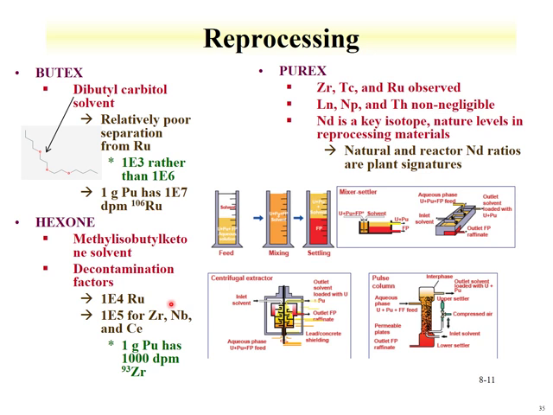Again, ruthenium can be a signature here, and also zirconium, niobium, and cerium. As an example, 1 gram of plutonium has about 1,000 dpm zirconium-93 in it if it was purified by the Hexone process.